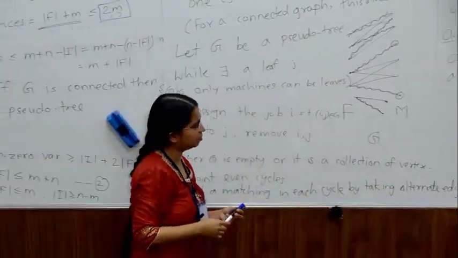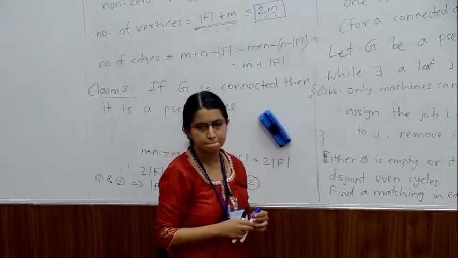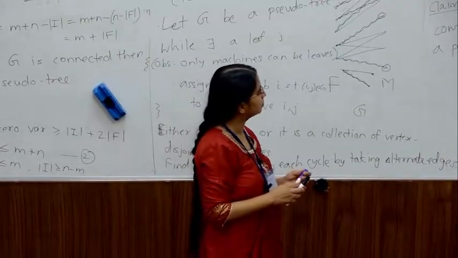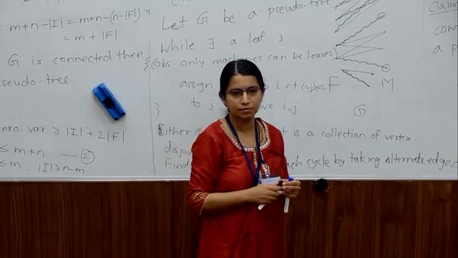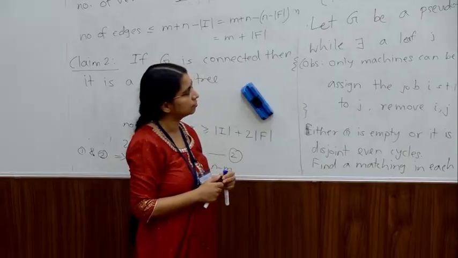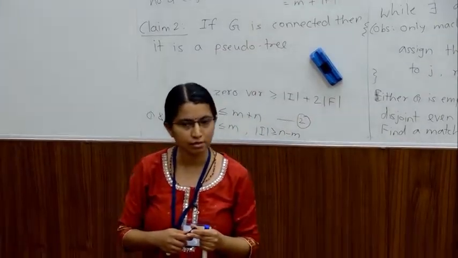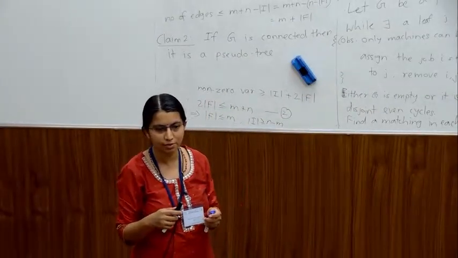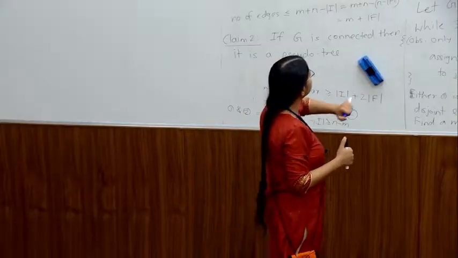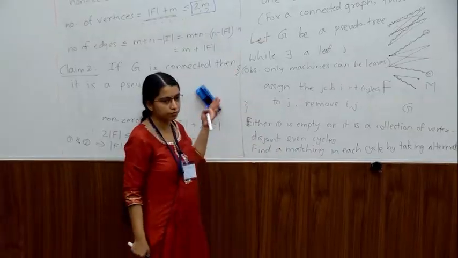Now, how would we claim that? Each component is either a tree or a pseudo tree. So pseudo tree also encompasses trees, right? Because it is at most one, every tree also qualifies for being a pseudo tree.